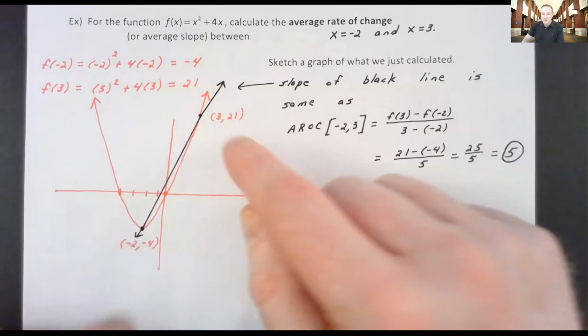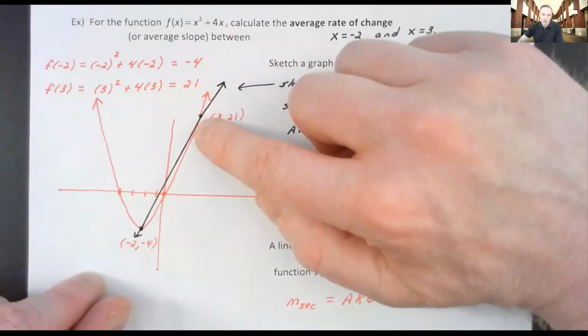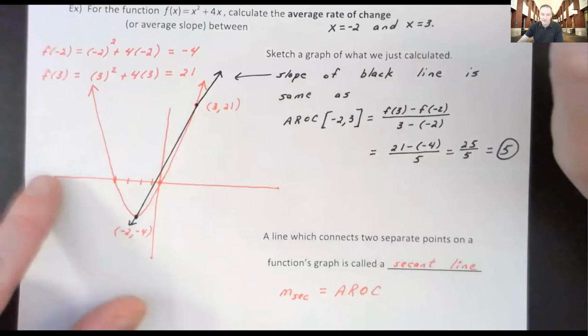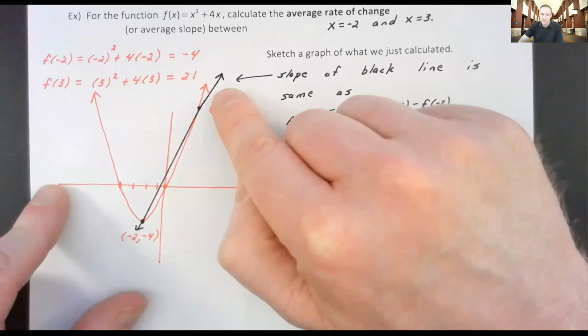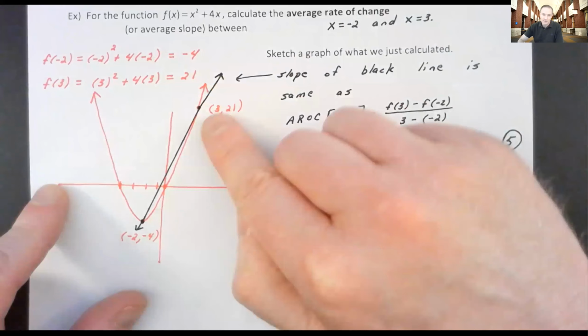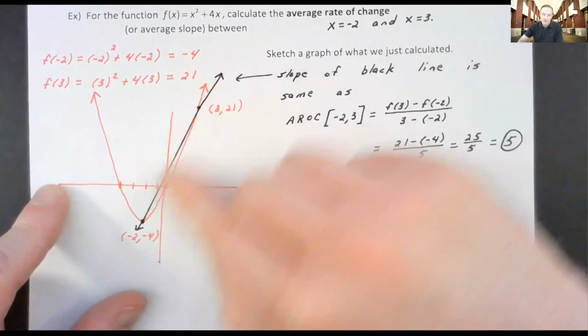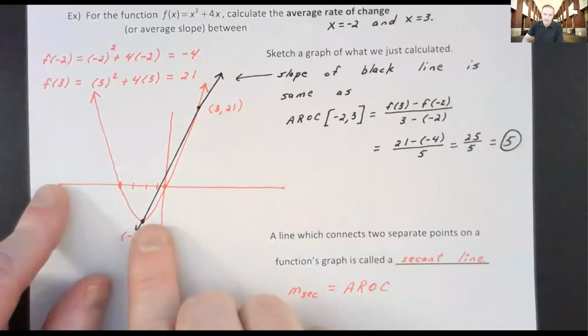So I can see, well, all right, at 3, if I said, does your function grow more quickly or less quickly at 3 than it does on average from -2 to 3? Well, I can tell that the slope of my quadratic is steeper than the slope of this black line there. So I can say, well, it's going up more quickly here. What about at -2?